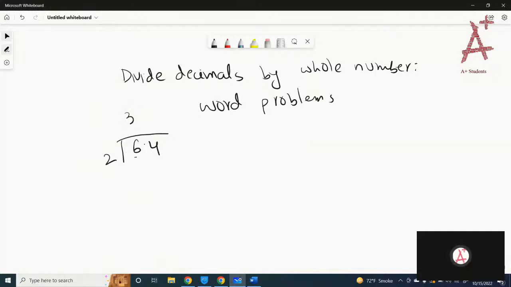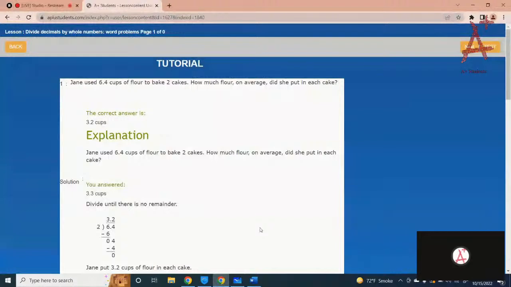So you can go for 2 times 3 is 6. 6 subtract 6 is 0. You have a decimal point over here. Put the decimal point over here. Now bring the next digit down. 2 times 2 is 4. 4 subtract 4 is 0. That means in each cake she used 3.2 cups of flour. Got it?